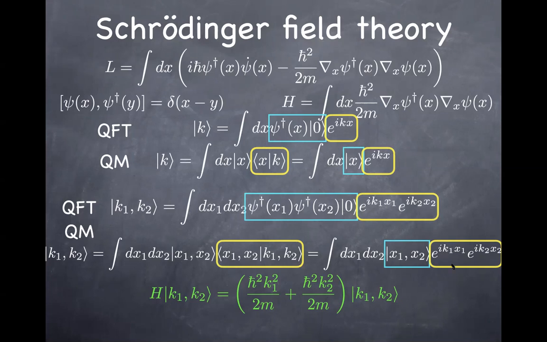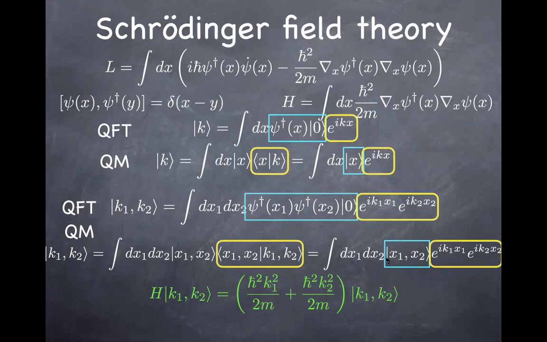But there is one small difference which can be important, because when you actually create a state like this in quantum field theory, we know psi daggers commute with each other. So the ordering between x1, x2 doesn't matter. It is symmetric under interchange of x1 and x2. That's not necessarily clear in quantum mechanics.